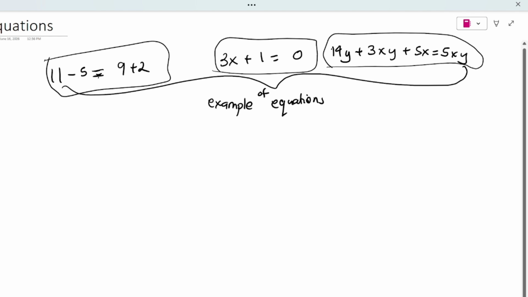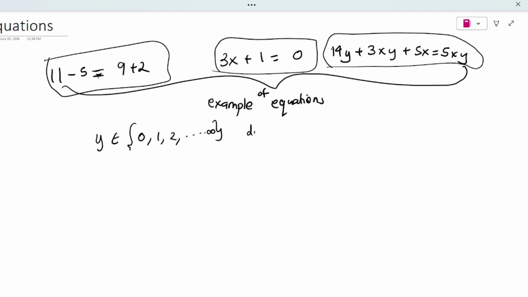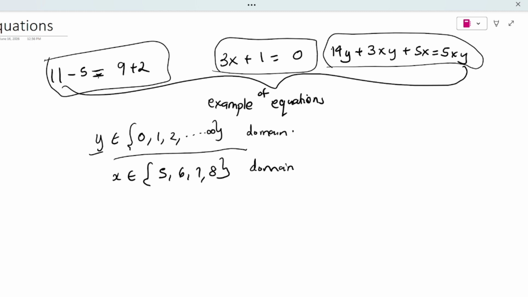So y is equal to 0, 1, 2 going to infinity can be a domain. A domain is a set of numbers that a variable may be represented by. So the variable here is y. It can be x is equals to 5, 6, 7, 8. This is another domain of numbers.